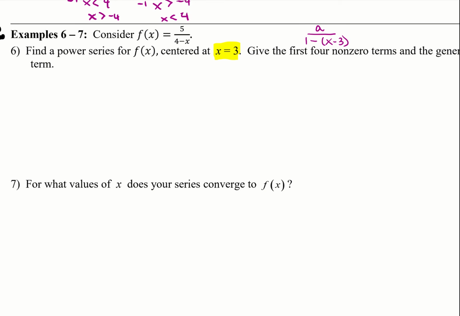Now, we were careful in giving you guys a problem here that would allow you to do that. So some of the things that you can do to this rational expression: you can multiply the numerator and the denominator by the same value. That's like what we do when we are getting a common denominator. We can divide the numerator and the denominator by the same value. That's like what we're doing when we reduce, and that's what we did in example 5.